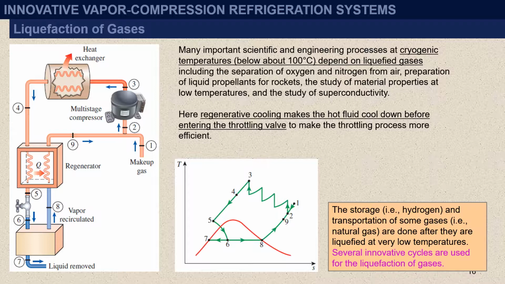The liquid at state 7 is collected as the desired product, and the vapor at state 8 is routed through the regenerator to cool the high pressure gas approaching the throttling valve. Finally, the gas is mixed with fresh makeup gas and the cycle is repeated.